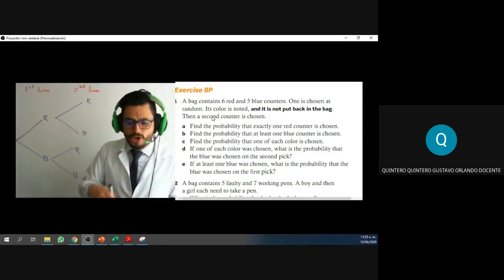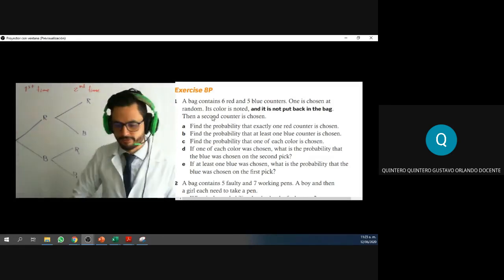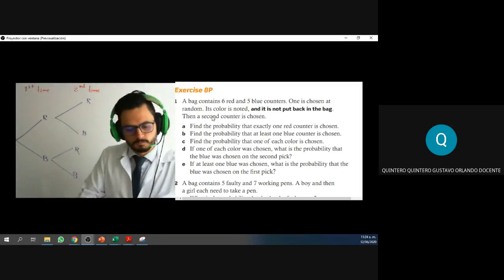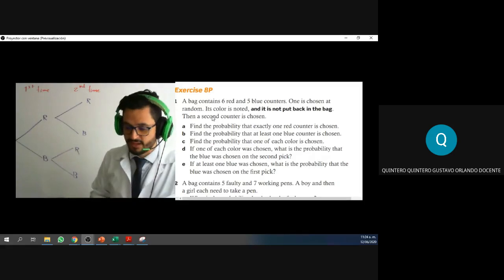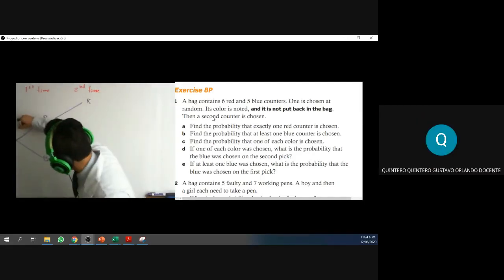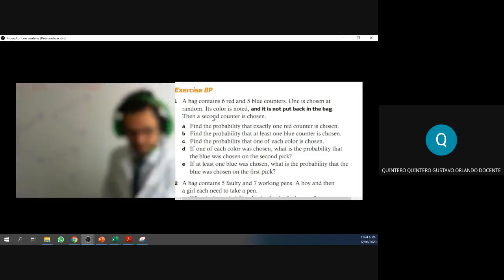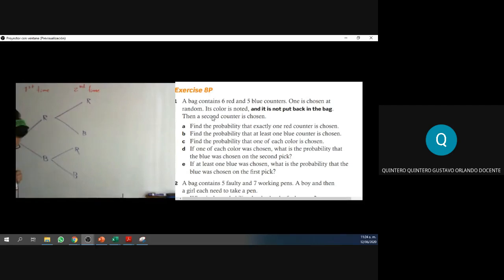All right. So what is the probability of getting a red counter once I go into the bag for the first time? Okay, so what is the total amount of counters? We have 11 counters. Thank you, Isa. So the probability has a total of 11. All right.